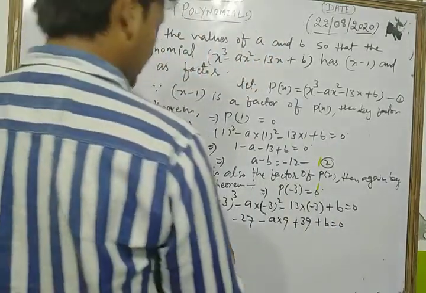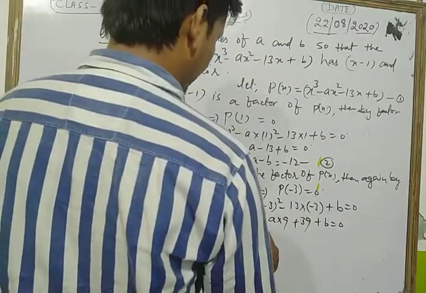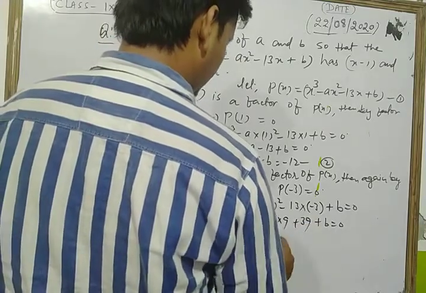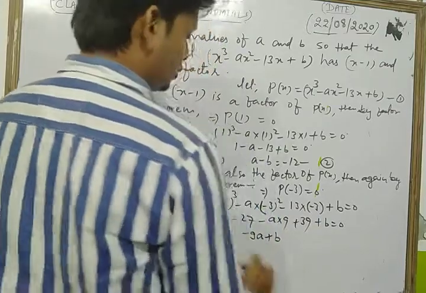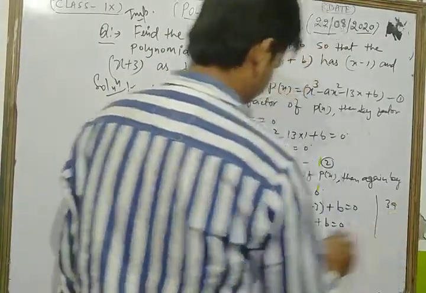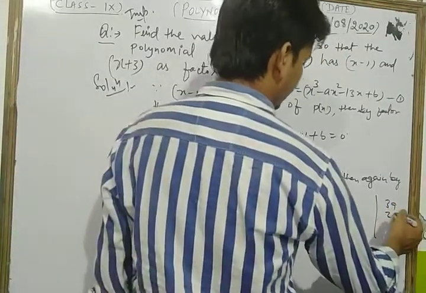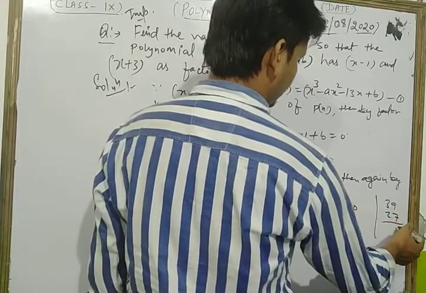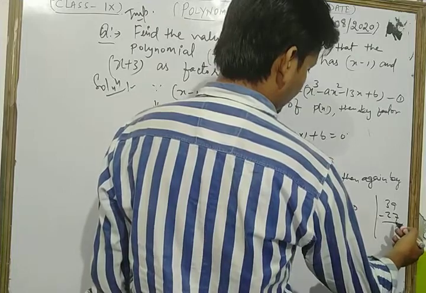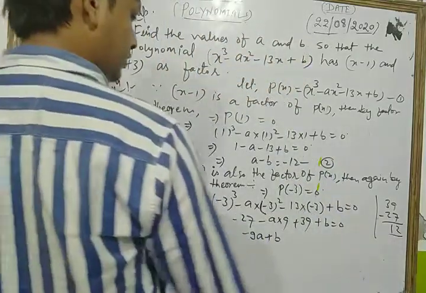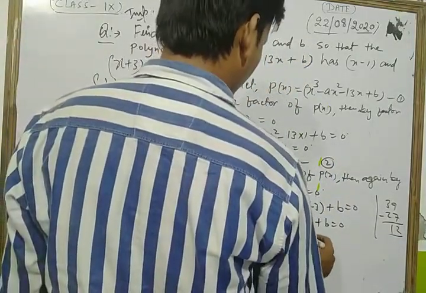Now what we have is minus 9a plus b, now plus 39 minus 27. We subtract 27 from 39. What do we get? We get 9 minus 7 as 2, 3 minus 2 as 1, so plus 12 is equal to 0.